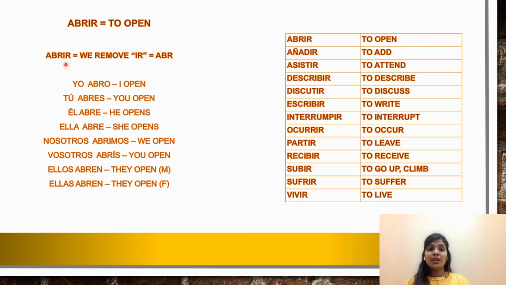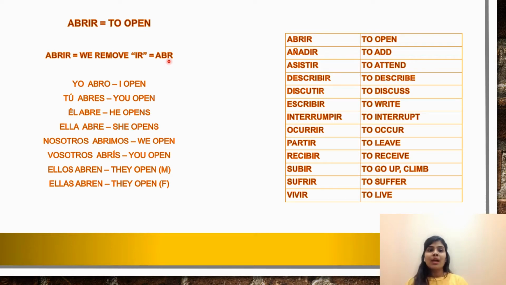So we remove IR from abrir and take the infinitive form of it in the way ABR, without the IR, and then we conjugate with the endings.